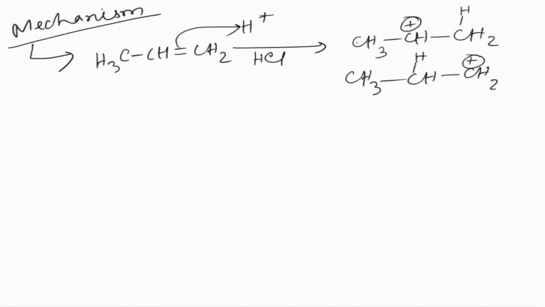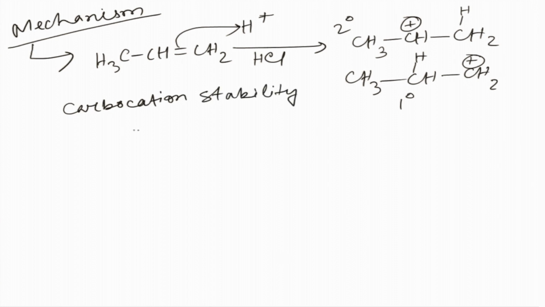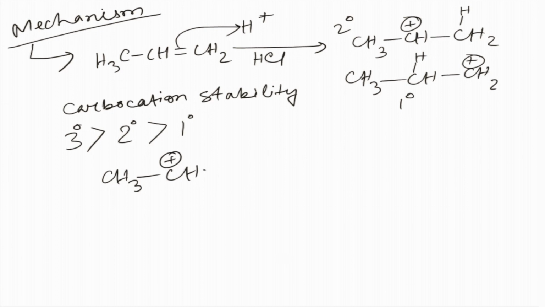Now, this carbocation is a secondary carbocation and this one is a primary carbocation. So, for carbocation stability, tertiary greater than secondary greater than primary. So, this carbocation is more stable.